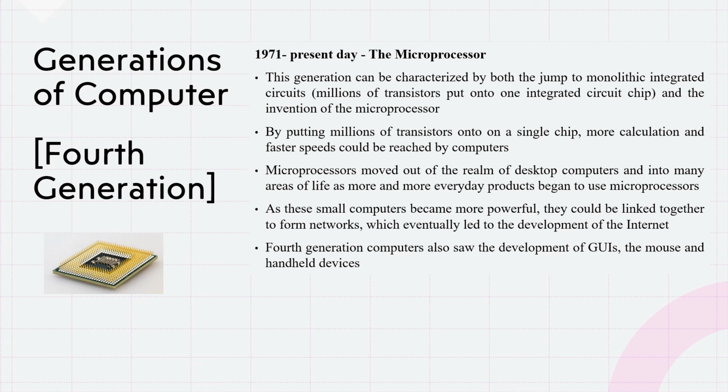Advantages of the fourth generation of computers included, first, a remarkable reduction in size, as well as the fastest computation compared to any of the previous generations of computers. The heat generated was negligible and they required less maintenance.